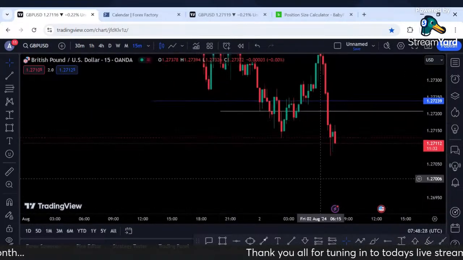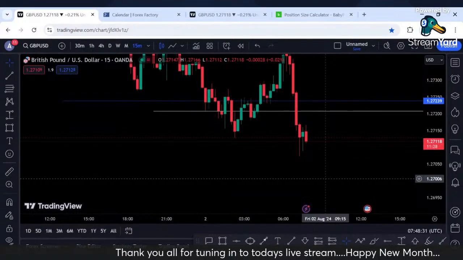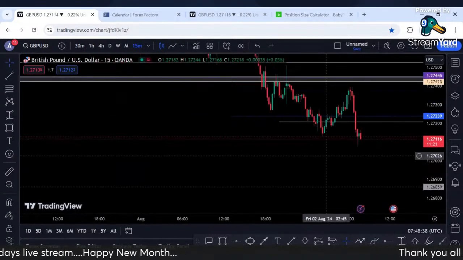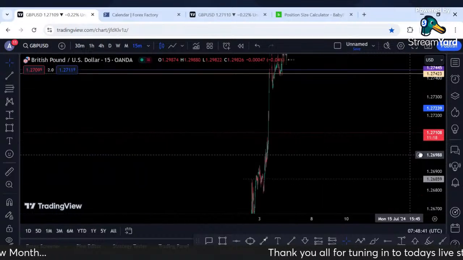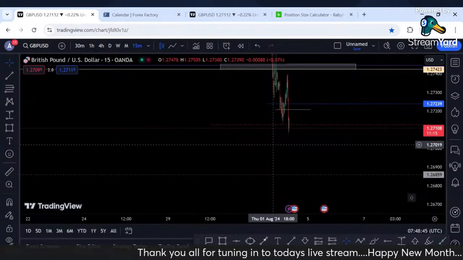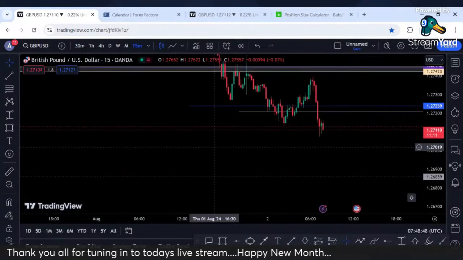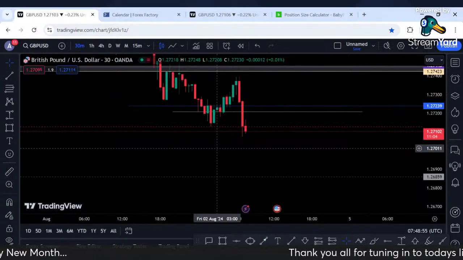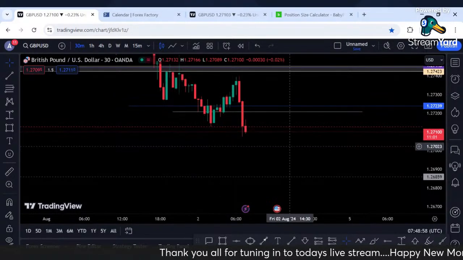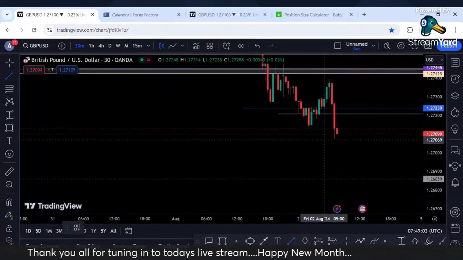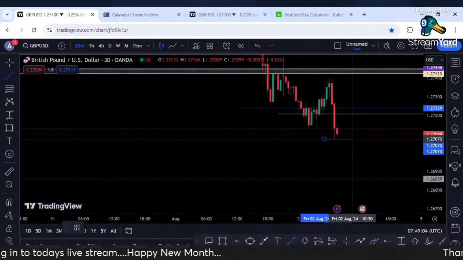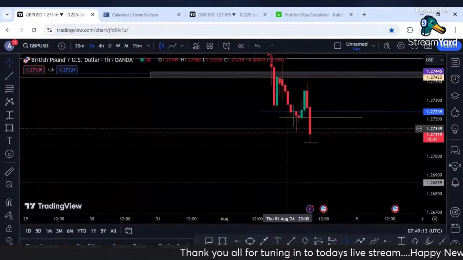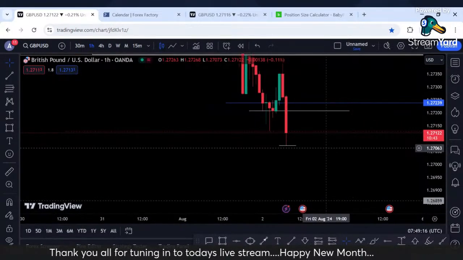The 15-minute is... So I'll prefer the H1 candle to close. I'll prefer the H1 candle to close. There are 10 minutes left for the H1 candle to close.